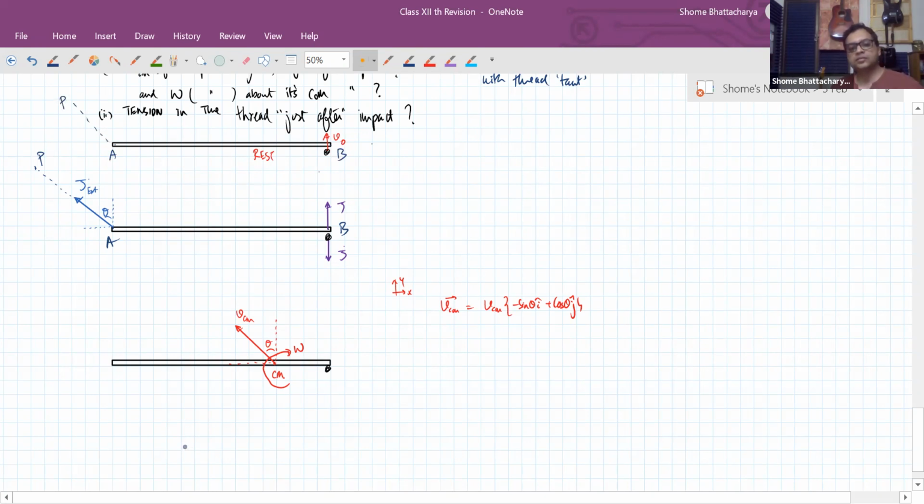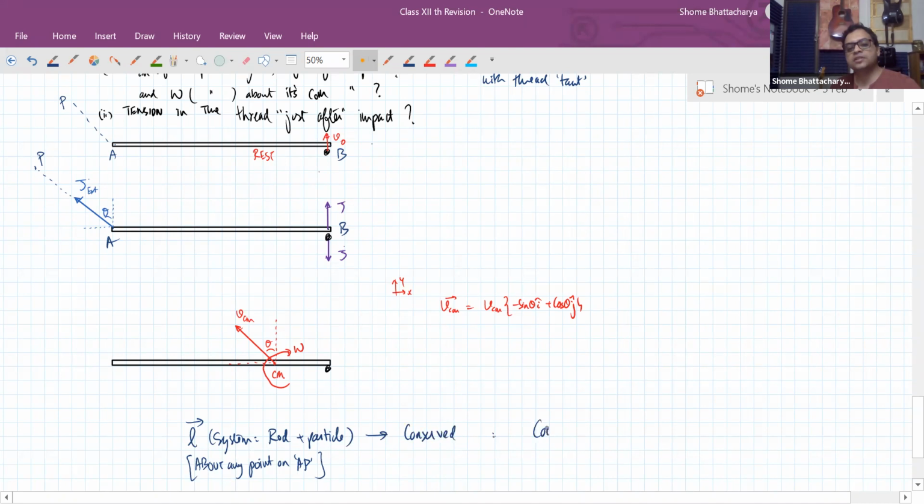So we can conserve angular momentum for the system about any point on that line AP, that is the rod plus particle.